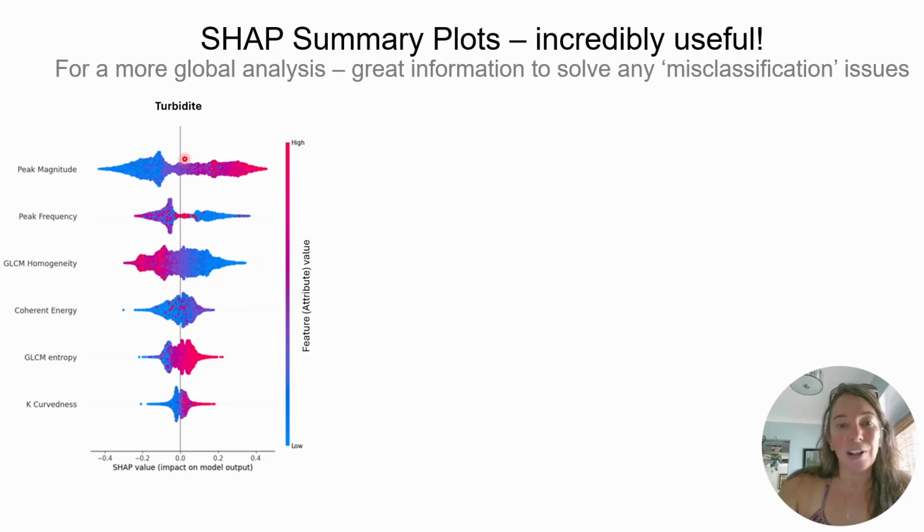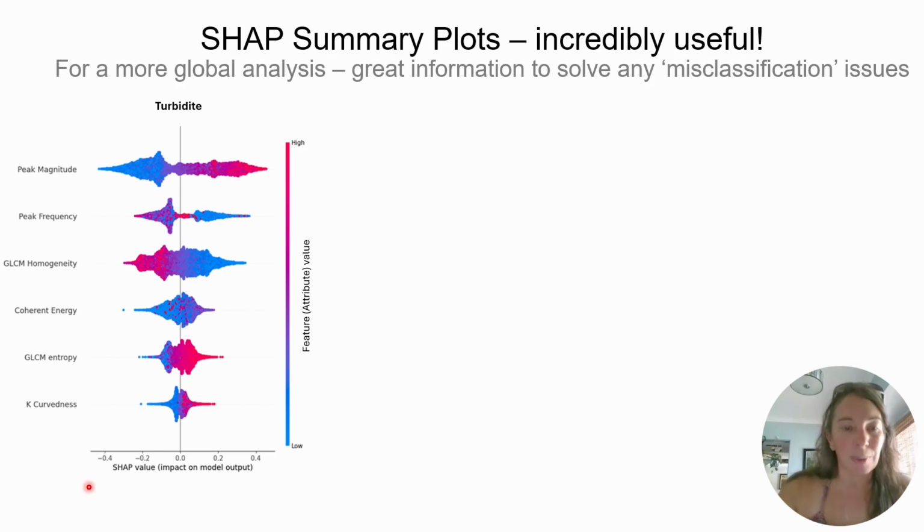So a high value of peak magnitude, a red value, tended toward a higher SHAP value, increasing the probability that it's a turbidite. A bluer value, which is a lower value for peak magnitude, tended toward not classifying it as a turbidite.